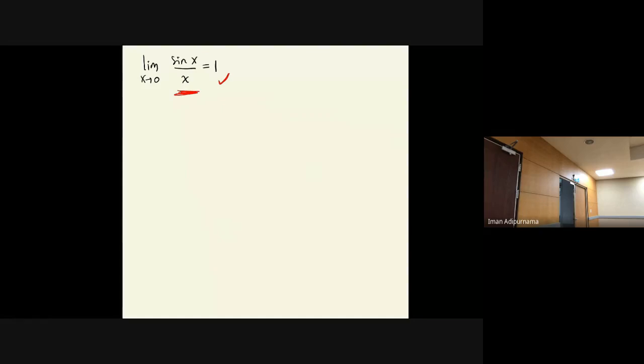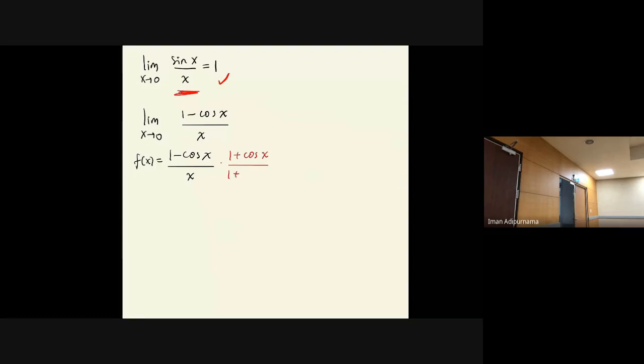For example, if you have the limit as x goes to 0 of 1 minus cosine x over x, I will solve this. First, I will write this as a function, and then I will multiply by the opposite sign.